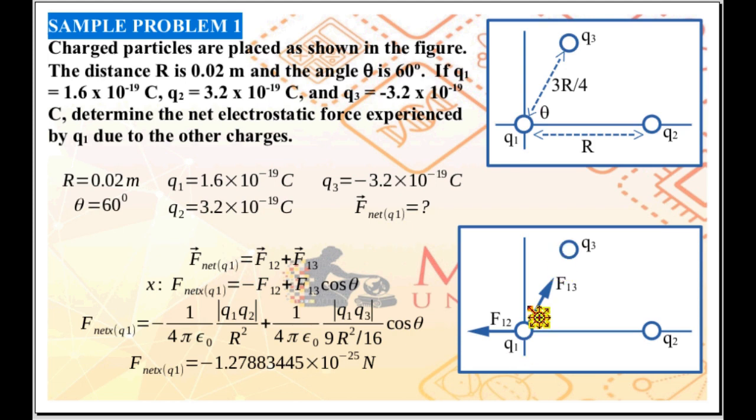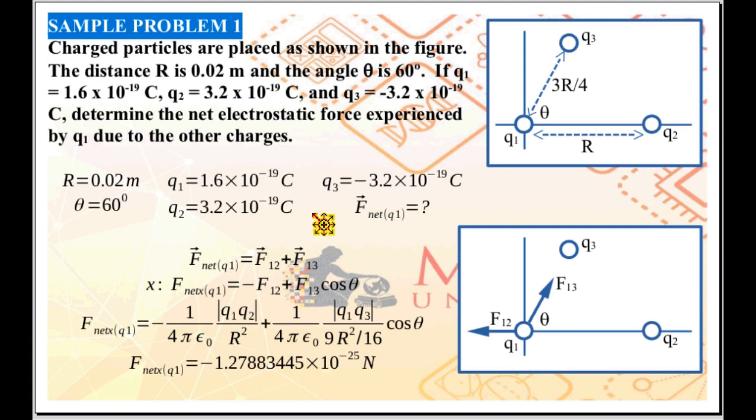You have 3 charges. Q1 will interact with the other 2 charges. Each interaction is 1 force. So Q1 will interact with Q2, that's 1 force. And Q1 will interact with Q3, that's another force. So 2 forces all in all will be experienced by Q1 due to the other 2 charges.